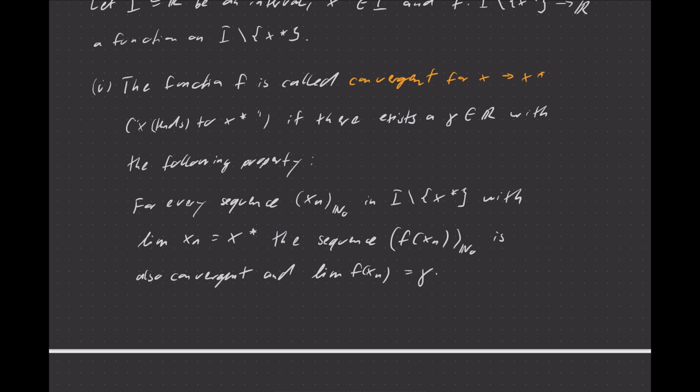And most importantly, we want that to be true for every possible sequence, not just for 1 or 2 or 5, but for every possible sequence of xn's that converges to x star, no matter how it behaves otherwise. So this is the important defining property here. And we'll refer to that later, so we'll mark that as the property star.